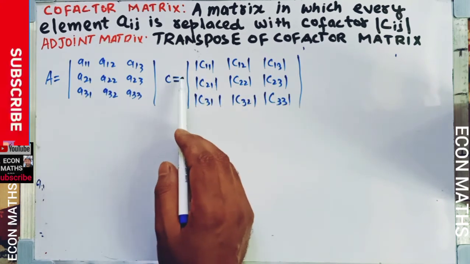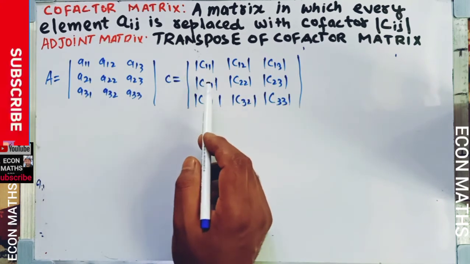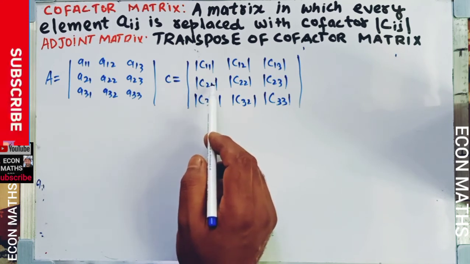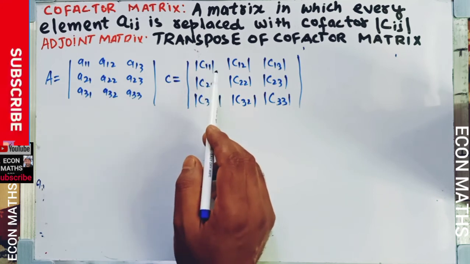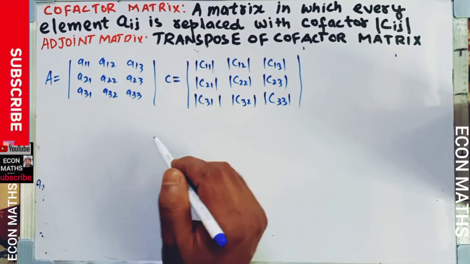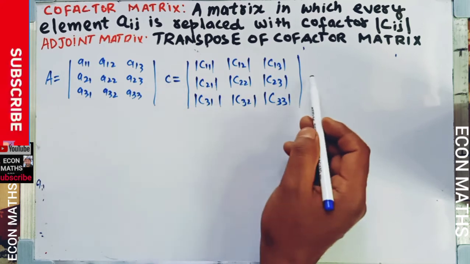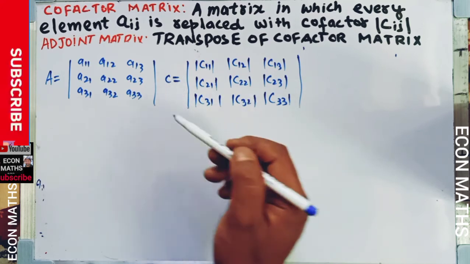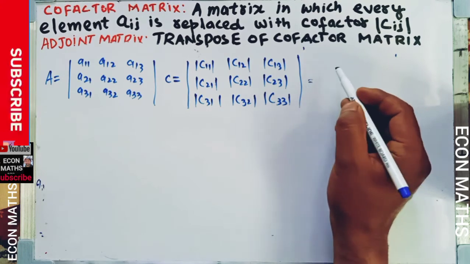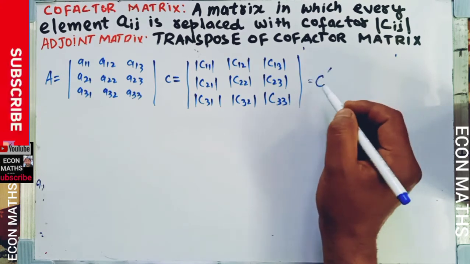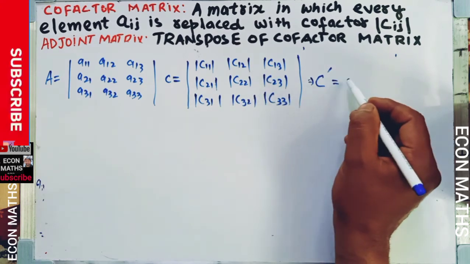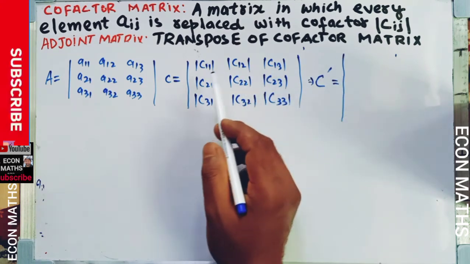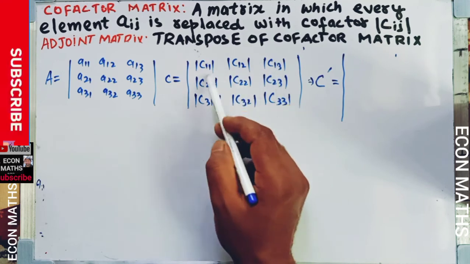Now the transpose of the cofactor matrix gives us the adjoint matrix. Now the transpose of this matrix, that is C dash, we will get by replacing the row with the column.